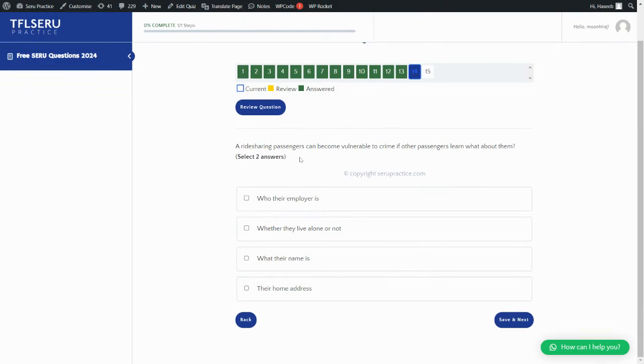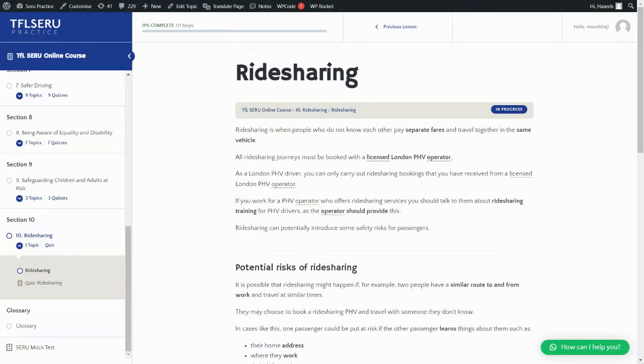Next example question. Our ride-sharing passengers can become vulnerable to crime if other passengers learn what about them. We have to select a minimum of two answers. The options that we have: who their employer is, whether they live alone or not, what their name is, and their home address.